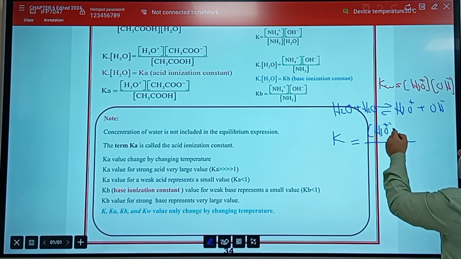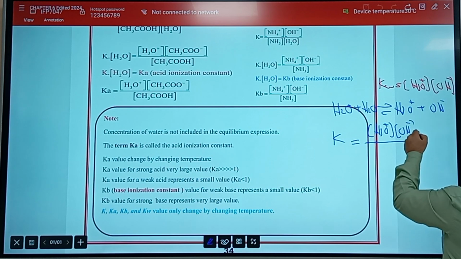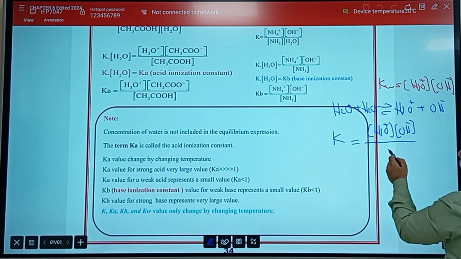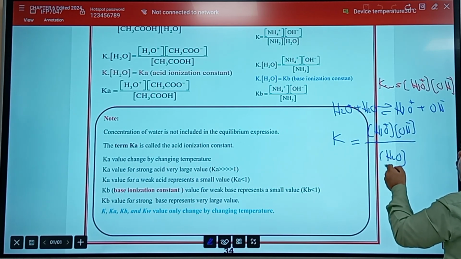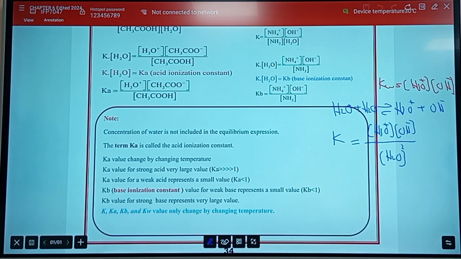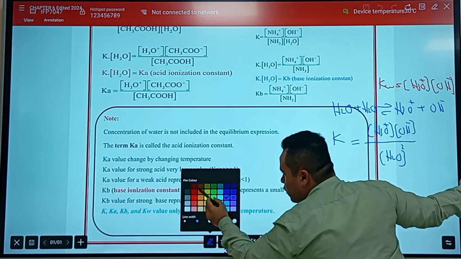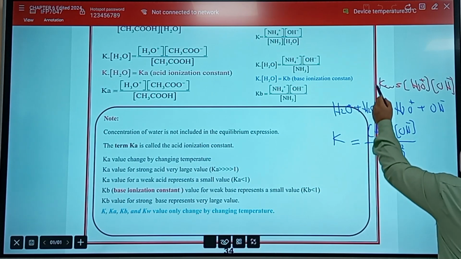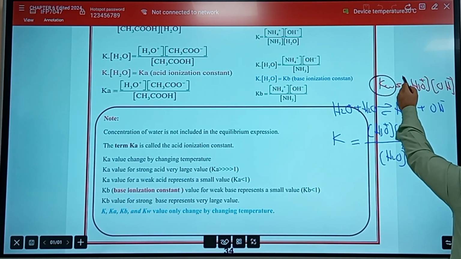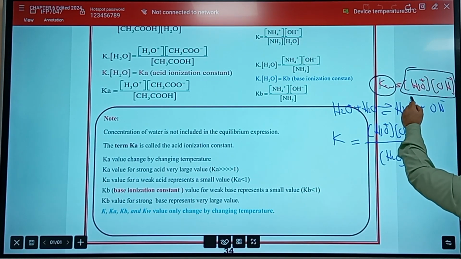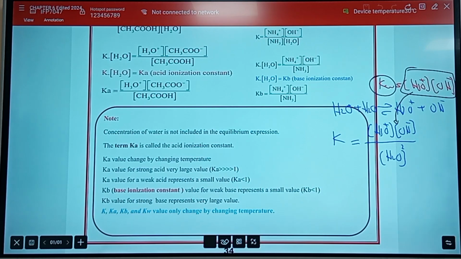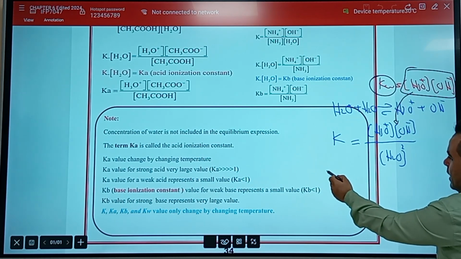Hydronium concentration multiplied by the hydroxide concentration over H2O concentration squared. Guys, in this part, instead of hydronium and hydroxide, we will write Kw, because here we have the hydronium and hydroxide multiplication, so it's equal to Kw.